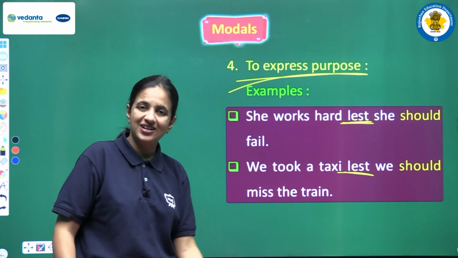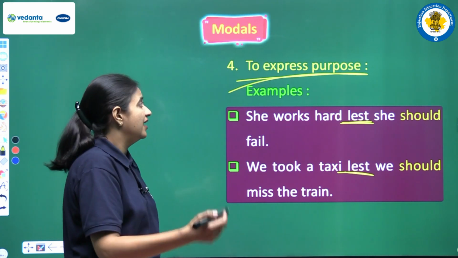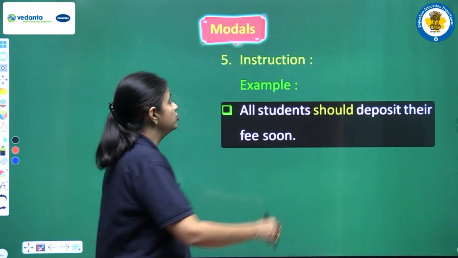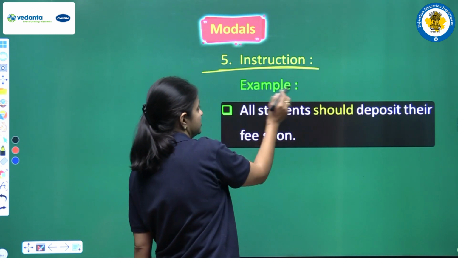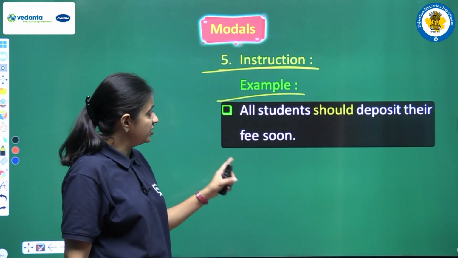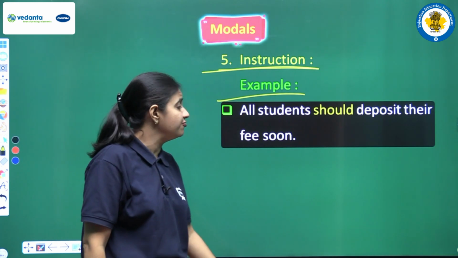Okay, so this is another use of should, and we have one more use of should. So let's see. Should is used to give instructions. How? Let's see the example. We have the sentence: all students should deposit their fees soon.